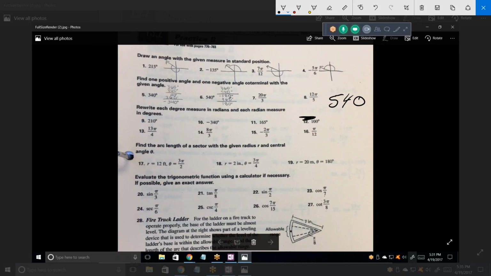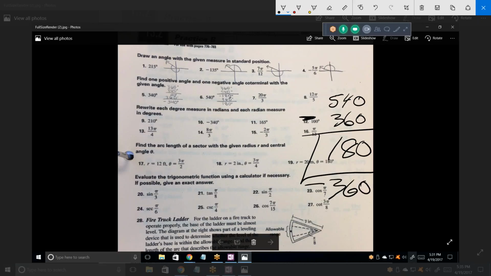But 540, if I subtract 360, I get 180. Well, there's one angle. There's one answer. There's the positive one. Now, how would I get a negative one? By subtracting another 360.